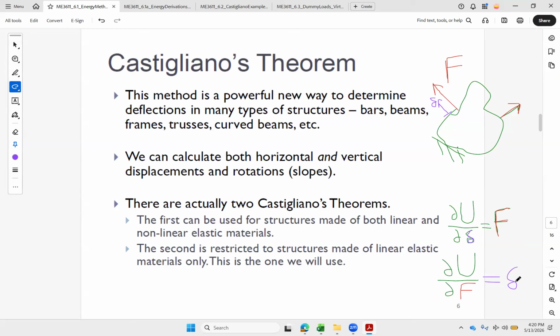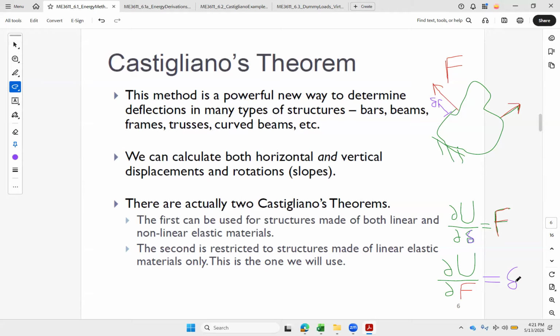So if I've got a bunch of loads on a body and I add up the energy, this could be a truss with a bunch of structures, lots of different members in there. It could be a blob, but I've got some loads on there. I add up the energy in terms of those loads, and then I take the derivative with respect to one of them. This load right here, capital F. That derivative will give me the displacement at the same spot and in the same direction as that load.